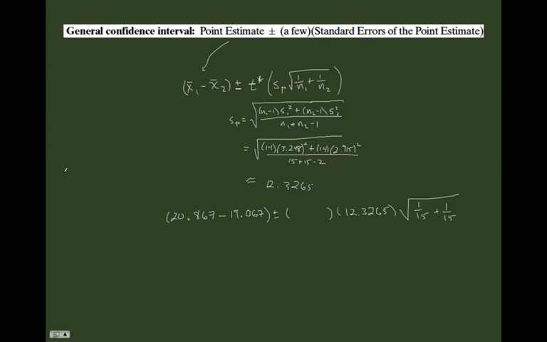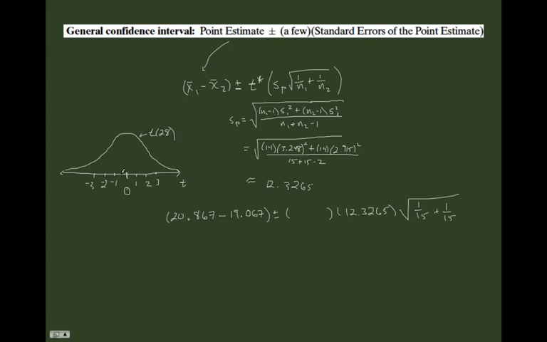Off to the side here, I will draw, or attempt to draw, a t distribution. This would be the t distribution with 28 degrees of freedom, centered at 0. T is the variable. We put some values on the axis for scaling.